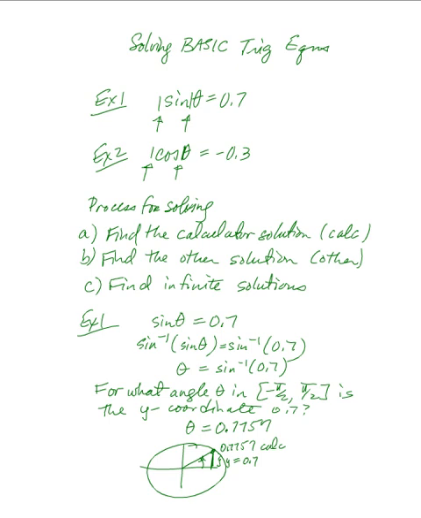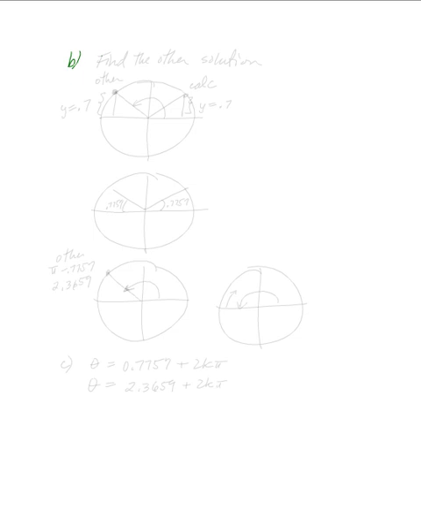Now we want to look for the other solution. Again, you have to keep in mind the question you're looking for is: for what angle or angles is the y-coordinate a length of 0.7? So the calculator gave you 1, it was restricted, but you're not restricted, and you can look other places.